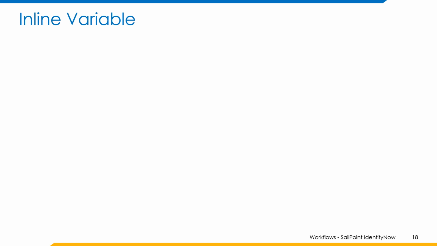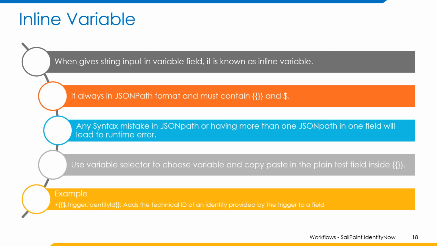Giving any string input while choosing a variable is known as an inline variable. We need to follow JSON path format while giving inline variables. As per the format, the variable must be inside double curly braces. So, in order to work with inline variables, we need to know JSON path. Let's move to the next slide to see what it is and how it works.